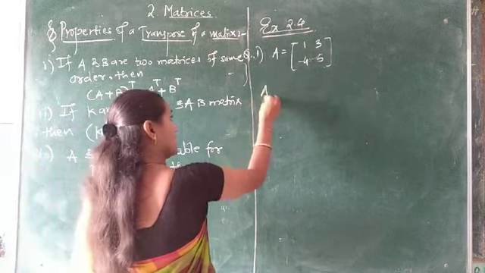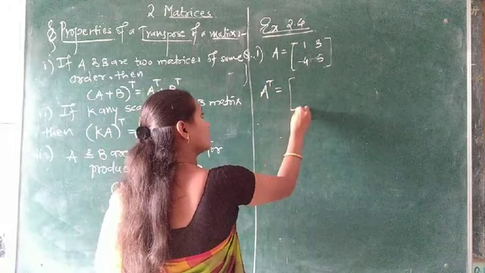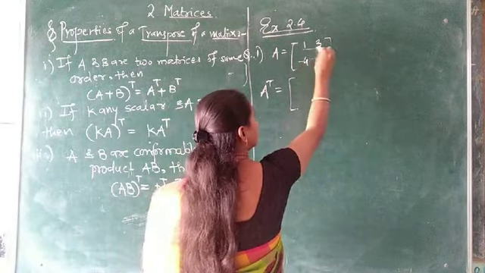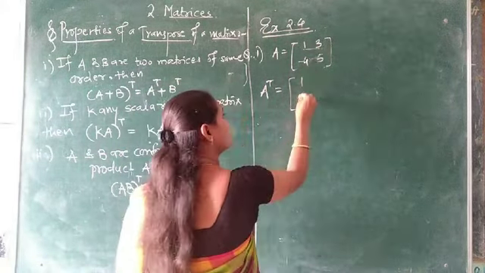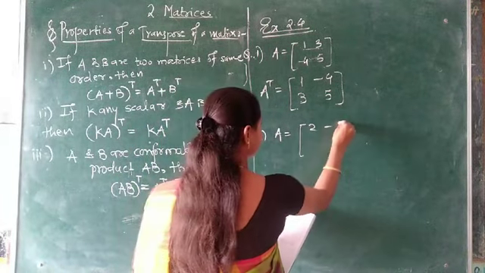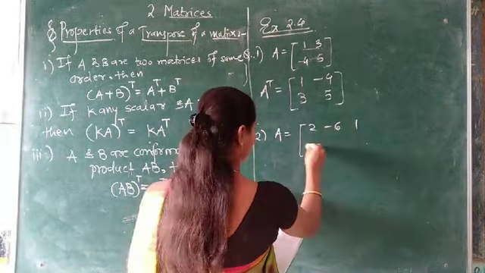So, A transpose means what? Only interchange the rows and columns. The first row 1, 3 becomes the first column, and the second row -4, 5 becomes the second column. This is the transpose of our matrix. Second example: A is equal to [2, -6, 1; -4, 0, 5].